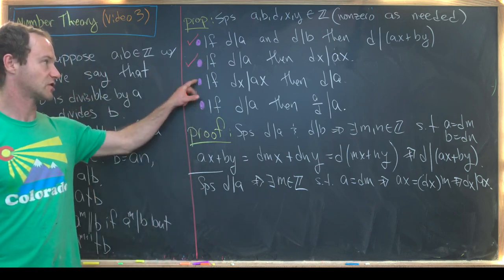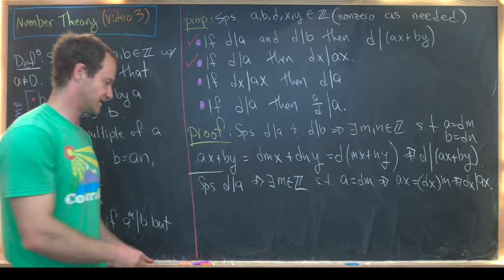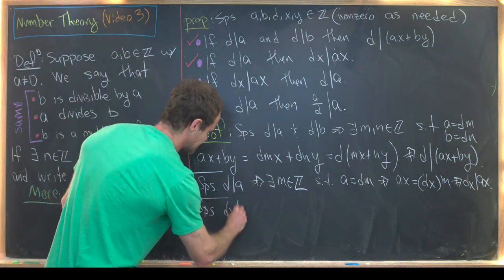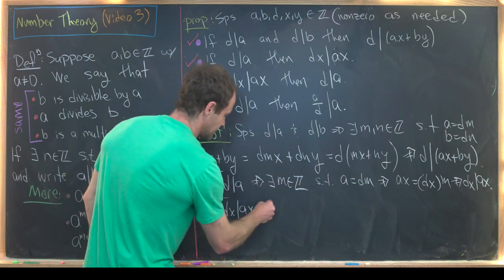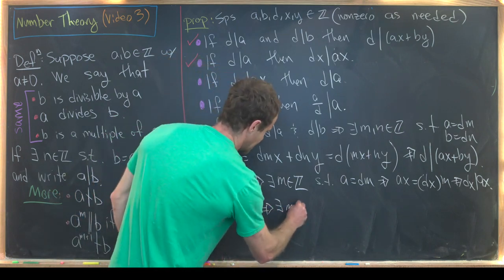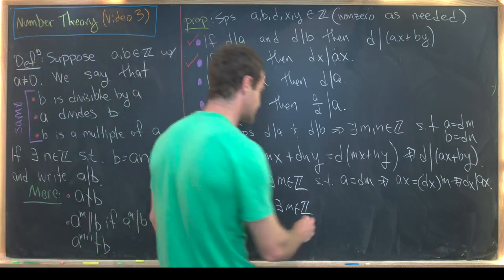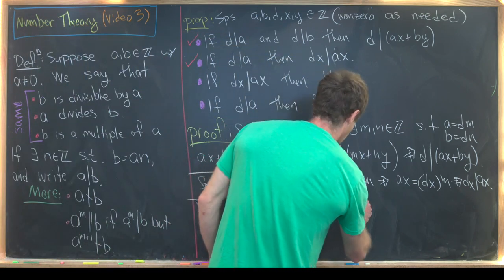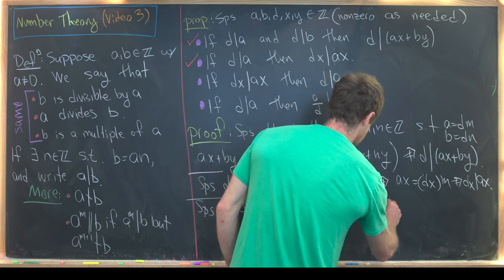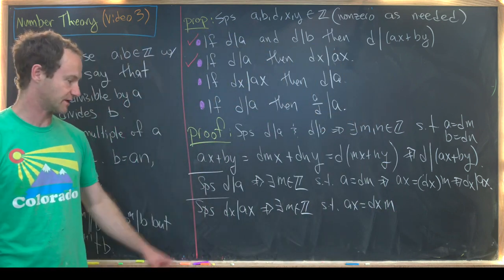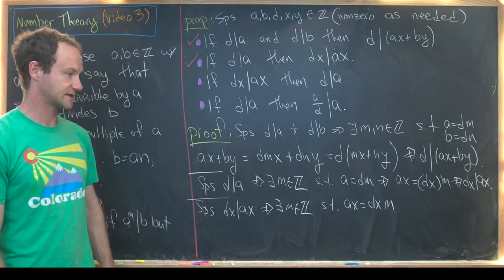Now let's look at this third one, which is actually the converse of this second one. So let's suppose dx divides ax. So that means there exists an integer m. Again, we reset our integer such that ax equals dx times m. So that's the definition of divisibility for dx dividing ax.